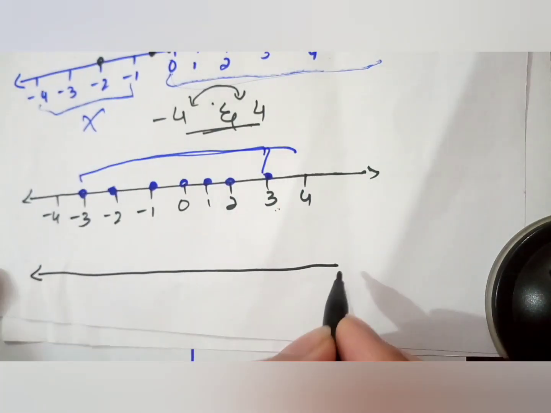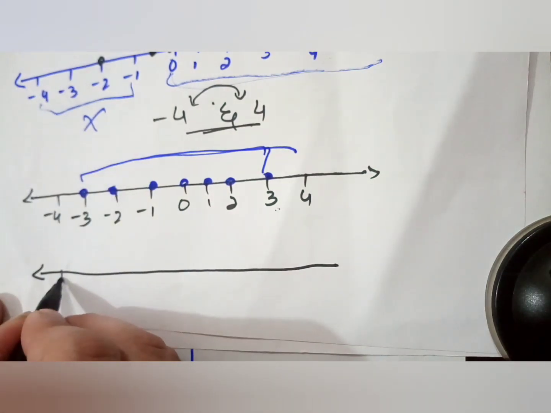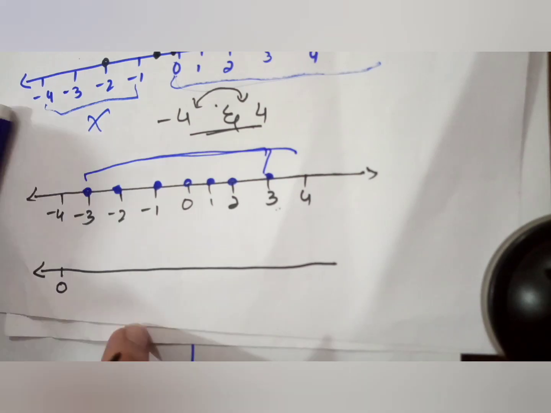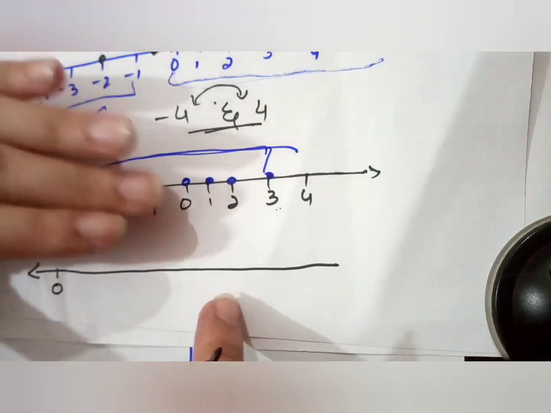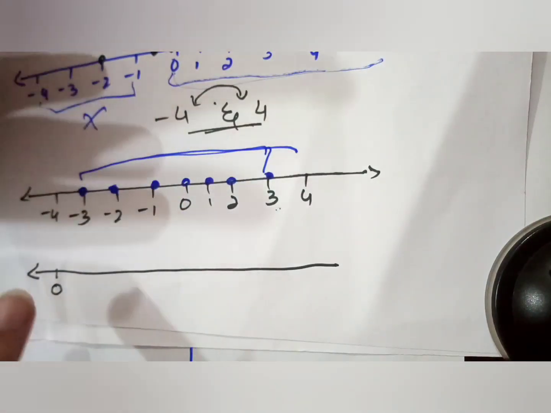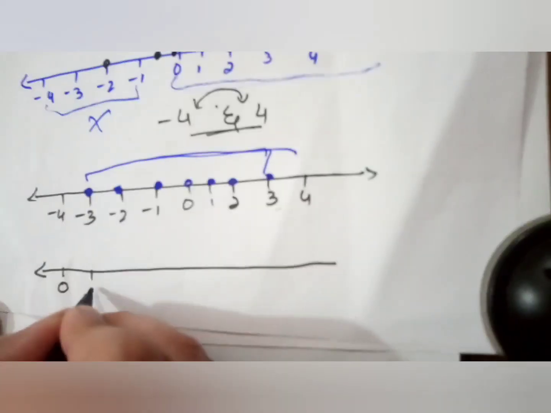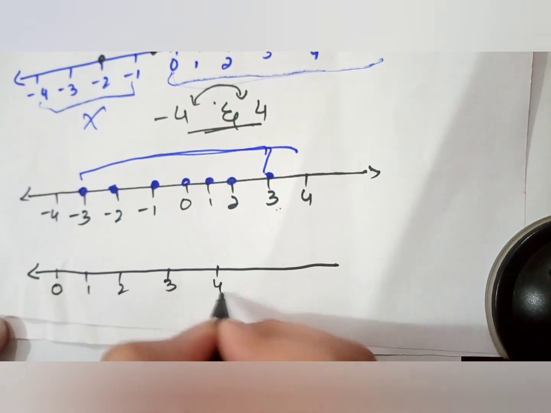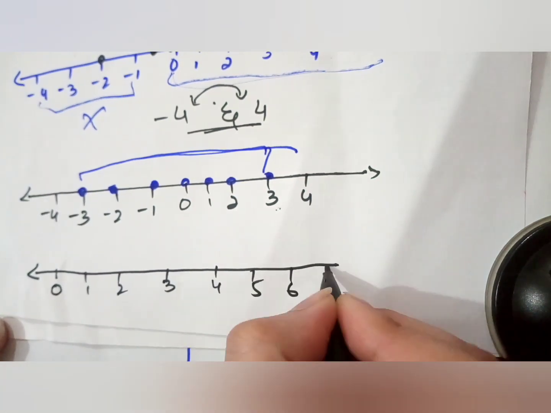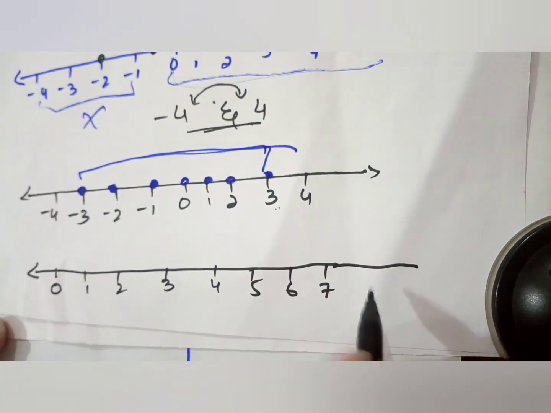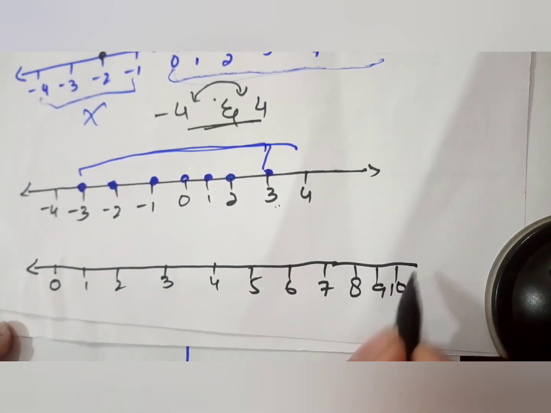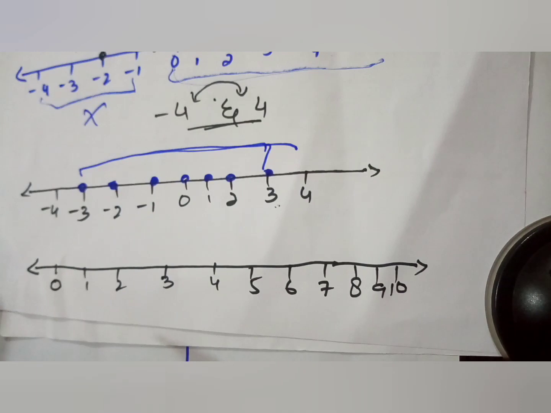Now the minus portion is not required, so I just start my number line from 0. I just scroll the number line and put the 0 on this corner. Okay, 1, 2, 3, less than 10. Okay, 4, 5, 6, 7, 8, 9, and 10.